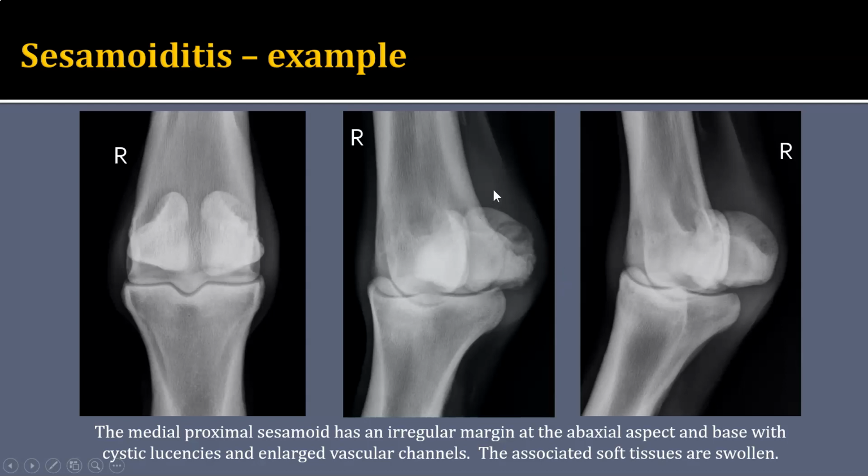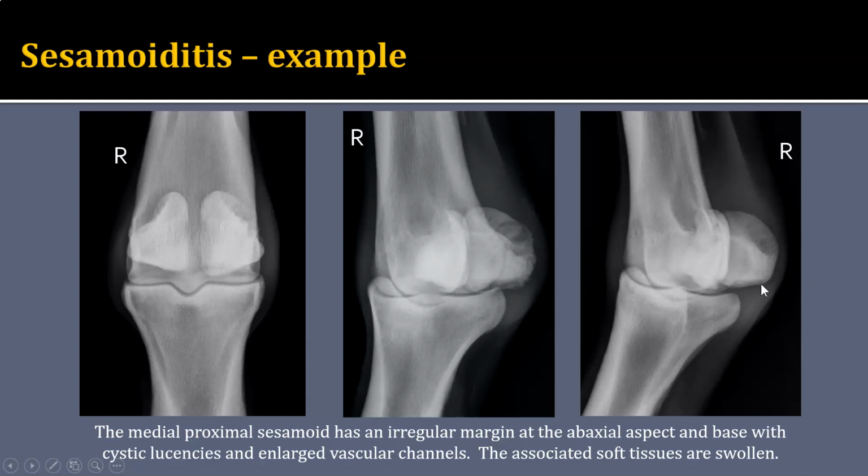This patient, the medial proximal sesamoid, is the abnormal one, and if we look, there's quite a bit of remodeling and mild proliferation along that abaxial margin. This patient has sclerosis and a lot of radiolucent zones, enlargement of vascular channels, or cystic type changes, and then soft tissue swelling associated with it.